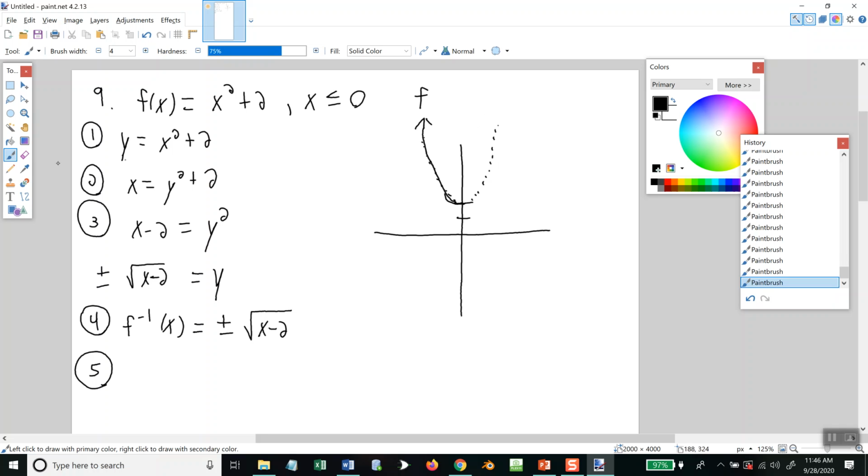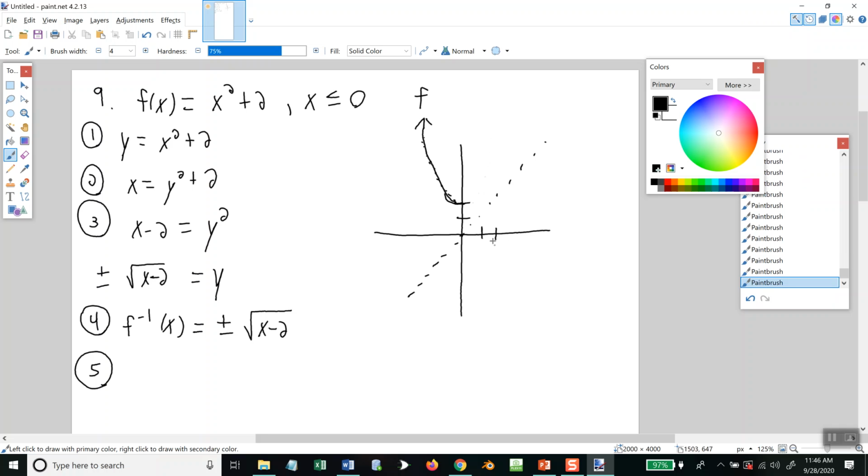By not having this side, it now passes the horizontal line test, which means it's 1-to-1. So that's what that condition does. Okay, now remember, it's symmetric about this line y is equal to x.